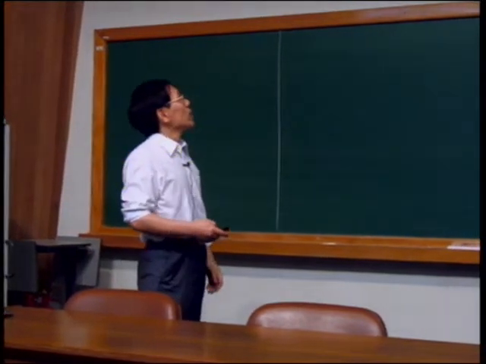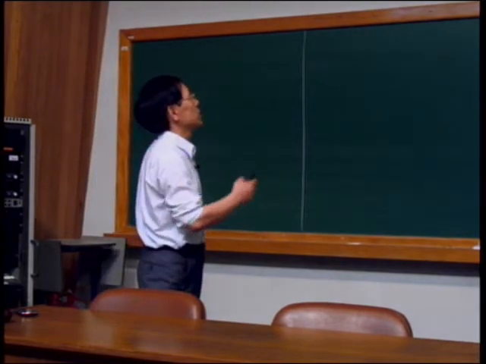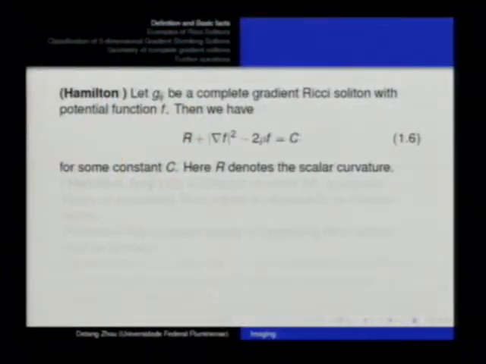Now we can see some examples. Before that, I would like to mention a fundamental result of Hamilton, which proves that for the gradient soliton, the scalar curvature and the potential function satisfy this equation, where C is a constant and rho is the constant of the gradient soliton.